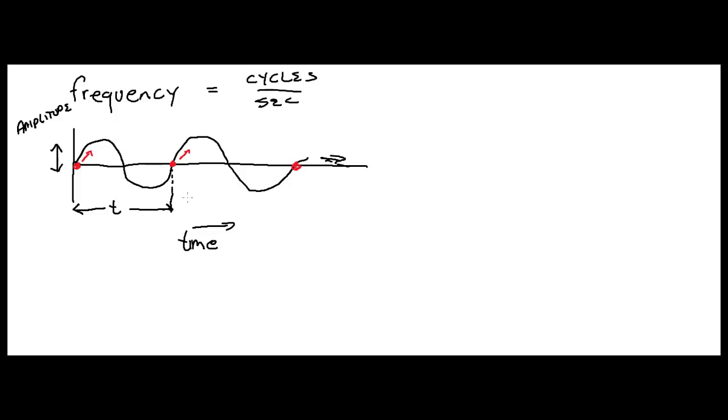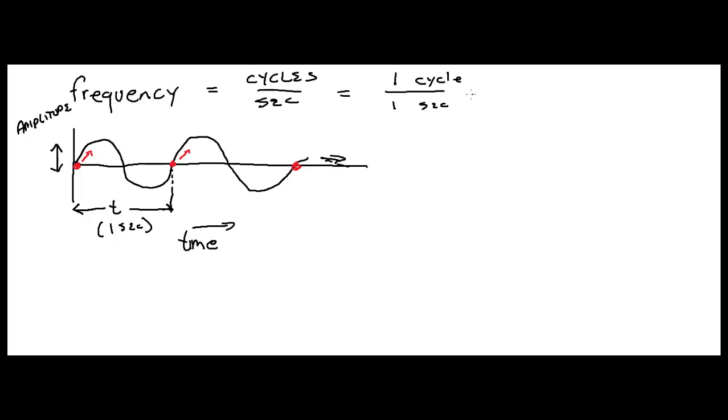Now, if you notice, we had one cycle in this amount of time. Suppose this was equal to 1 second. I'm just going to put this in parentheses, 1 second. So we would have one cycle in 1 second.